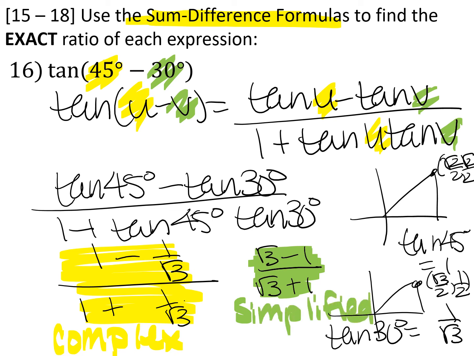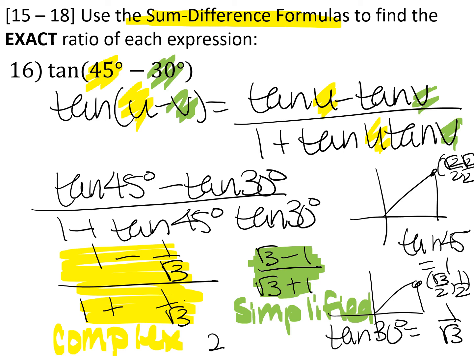And then there's actually a rationalized version, and that would be by multiplying by the conjugate. I know it sounds kind of crazy, but I would multiply by root 3 minus 1 on the top and the bottom. That'd give me a difference of two squares in my denominator, 3 minus 1, which is 2.